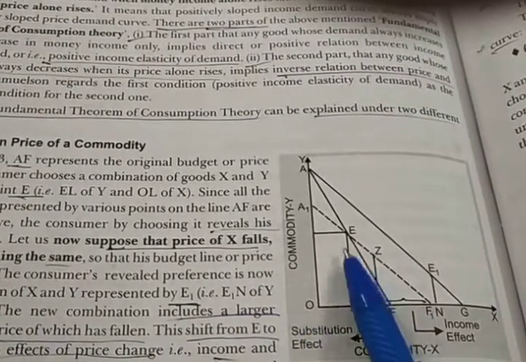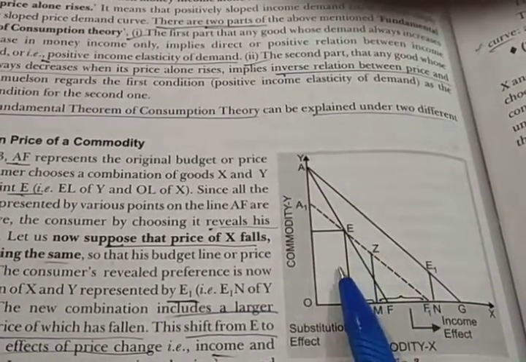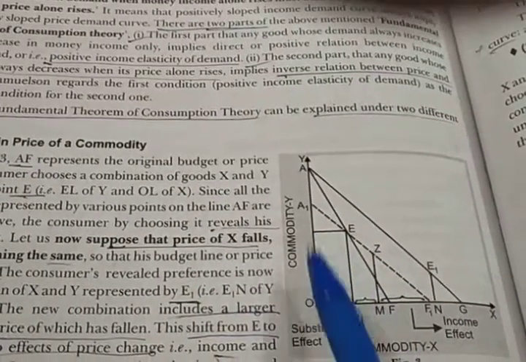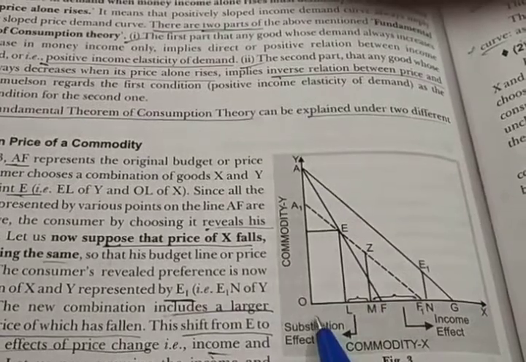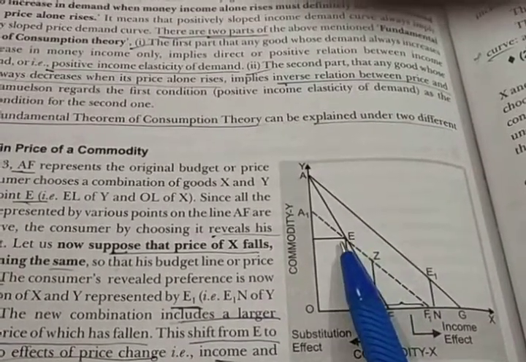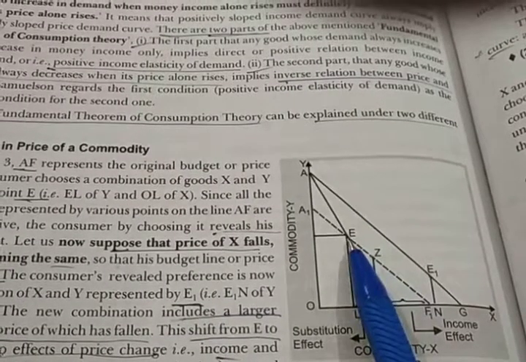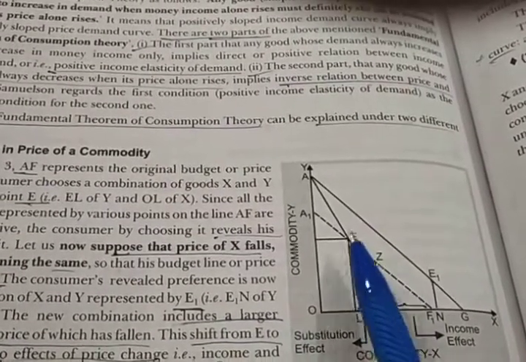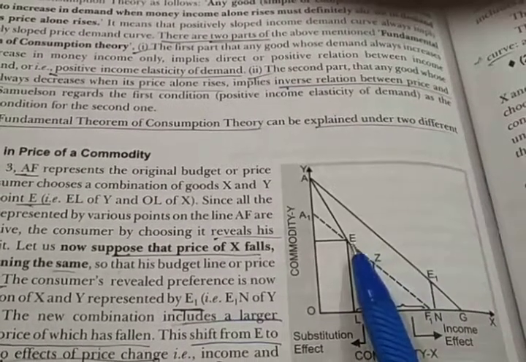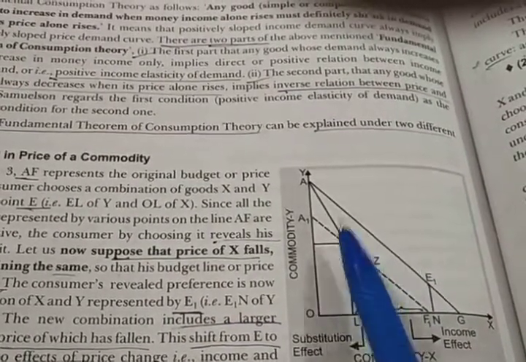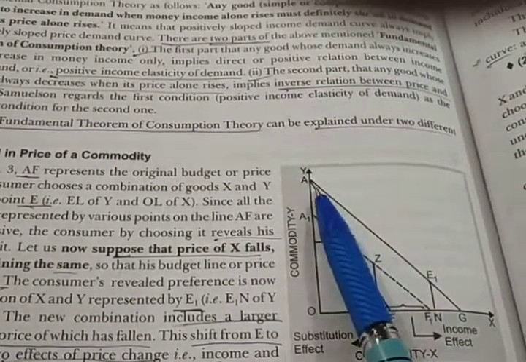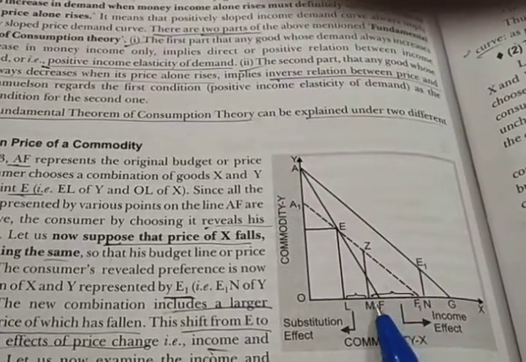Now, out of this E combination, he is taking this much of X and this much of Y commodity, and when he has purchased this very combination, it will mean that he has revealed his preference for this combination, and he has revealed that this is superior to him as compared to the other combinations which are lying on this very price line AF.